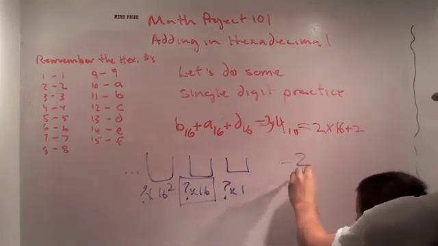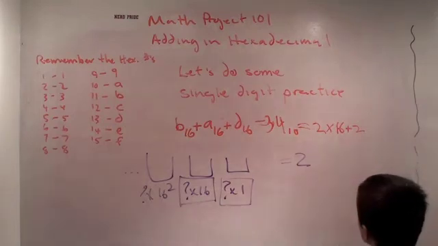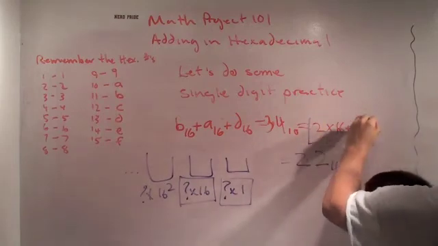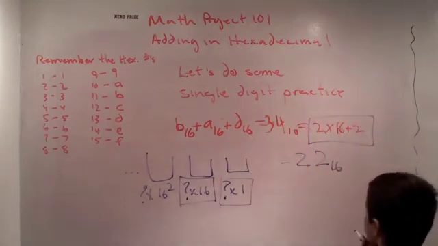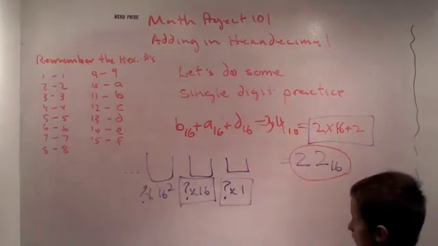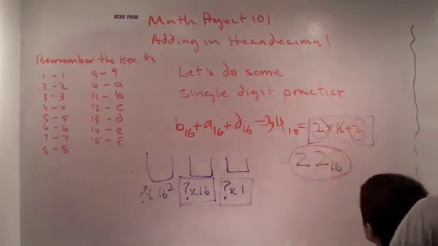So 2 times 16. And then what number do we have times 1? 2. So this is 2 2 base 16. So the number 2 times 16 plus 2, if we're going to write that in base 16, we just take this number, 2, and this number, 2.